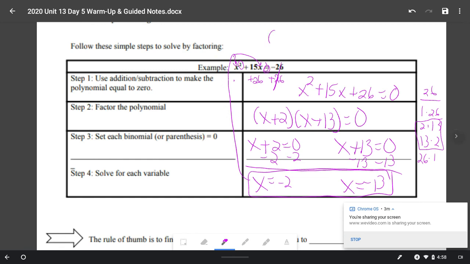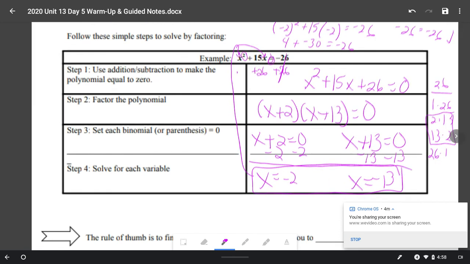So if we plug in the negative 2 and the negative 2 again, that should make the left side equal negative 26. This would be 4, plus negative 30. When you plug that into your calculator, 4 plus negative 30, you get negative 26 is equal to negative 26. So that's a way to check your work, just like we've checked it in the past.